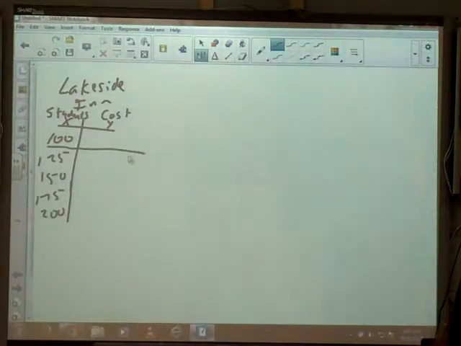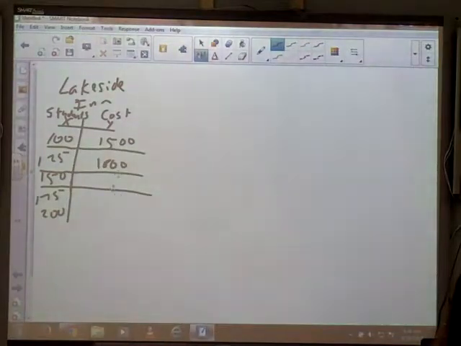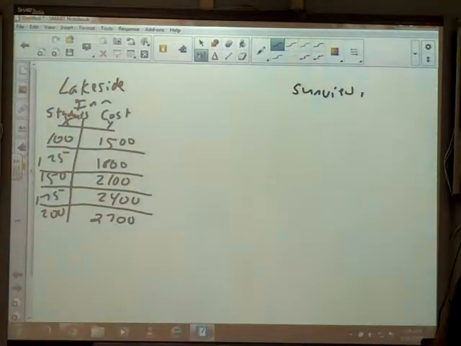When I had 100 students, it cost me $1,500. When I had 125 students, it cost me $1,800. When I had 150 students, it cost me $2,100. When I had 175 students, it cost me $2,400. And when I had 200 students, it cost me $2,700. And then we got another hotel called the Sunview Resort, and they just gave me their equation.